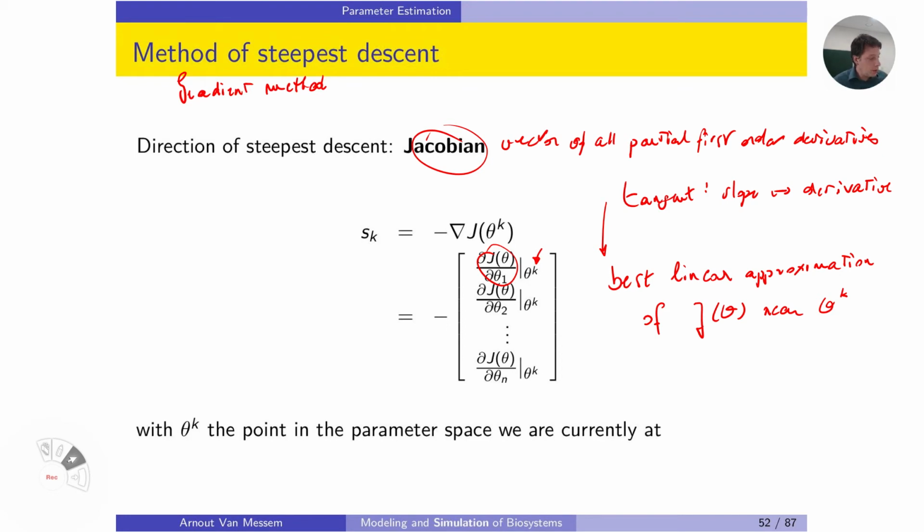Second thing, what you can see is that for the direction we have minus. Why do we have a minus? Let's also illustrate this in the one-dimensional case. So we have just in this case, let's say x and y. We have the function and we are in this point. So this is my current parameter value. And then what I want to do is go down in a direction.